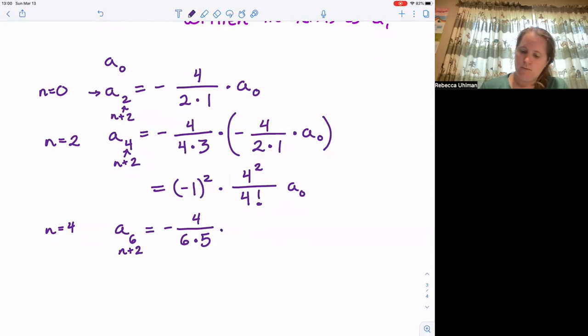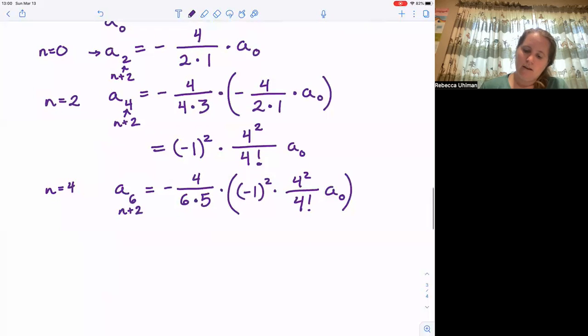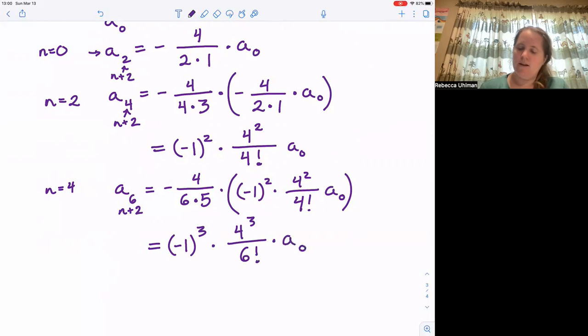Then this should be multiplying negative 1 squared times 4 squared over 4 factorial we saw before, times a naught. We have one more negative into play. This is negative 1 cubed. Then we have times 4 cubed over 6 factorial times a naught.